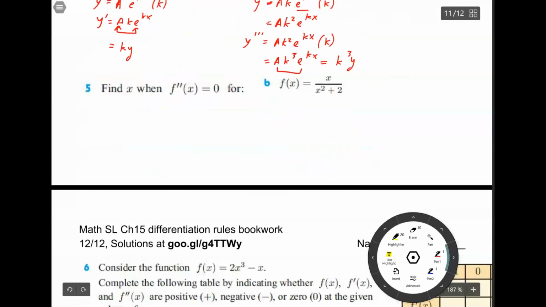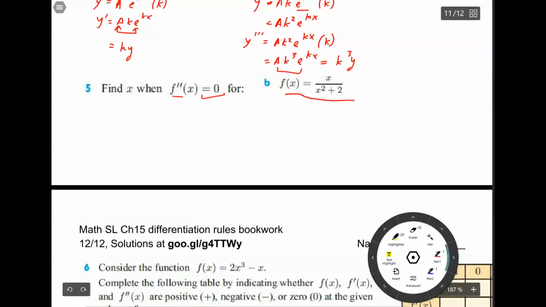Number 5. Find x when the second derivative of f of x equals 0 for this function. So I don't know exactly how to do this yet, but they said to find the second derivative. We can do that pretty easily, right? So the function is x over x squared plus 2. That looks like a quotient, right?